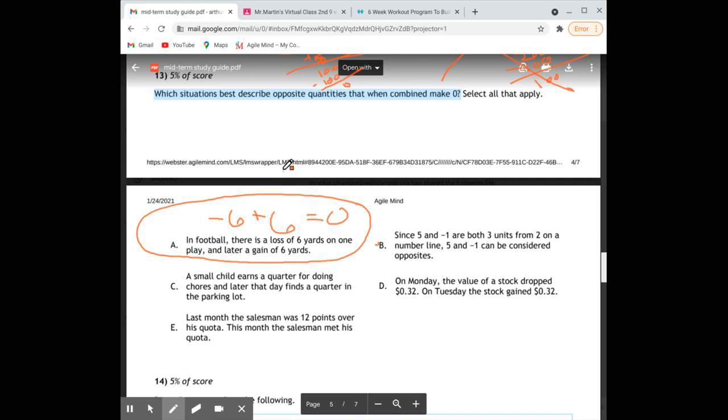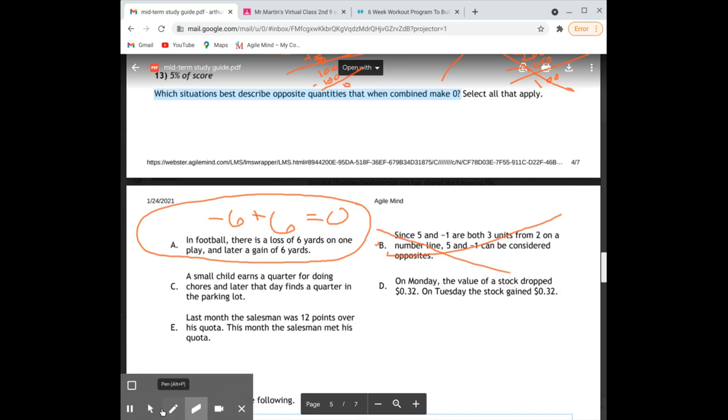Do you agree with that statement or disagree? I disagree. All right, and if you add those together, will you get 0? No, you wouldn't. You would get 5 plus -1, which is what? 4. So that would be wrong.